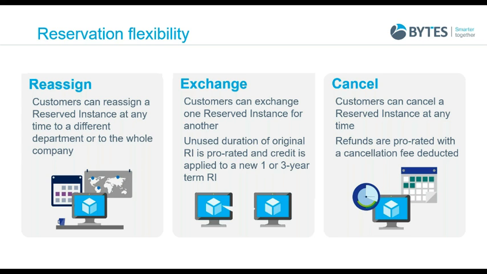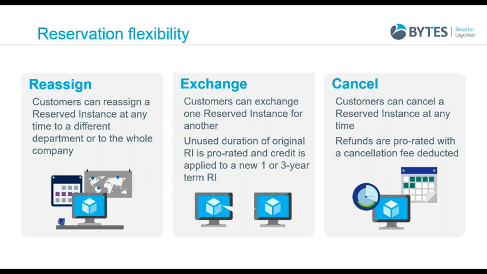The only requirement really for an exchange is that the reservation that you wish to purchase has to be of greater value than the outstanding commitment for that RI. So if you are paying, say, £100 a month, for example, for a 1-year reservation, and 6 months down the line, you realize that you actually need to go to a £200 a month reservation, all you need to do is ensure that £600 is less than, in this case, the £2,400 of the new reservation.